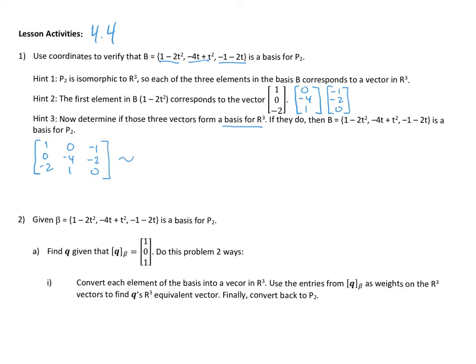And what I'm looking for is linear independence. I'm looking for a pivot in every column. And to span R3, I'm looking for a pivot in every row. So it turns out that when I row reduce this, I get, one second to put this in a calculator, the identity matrix.